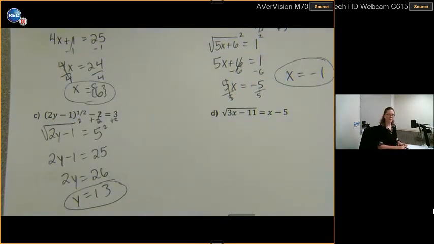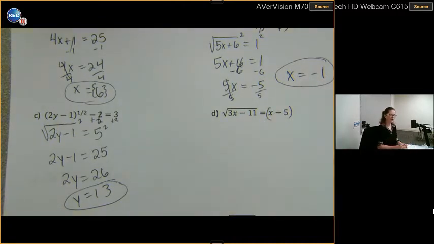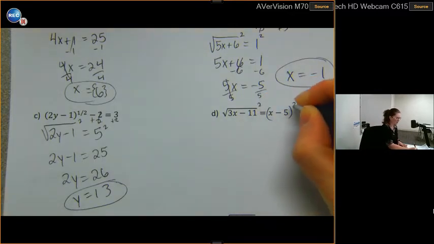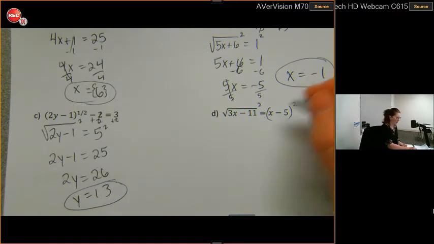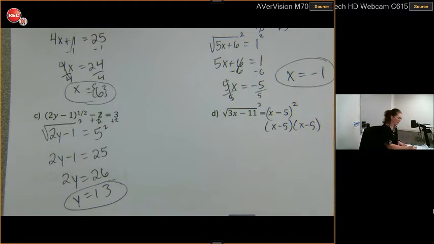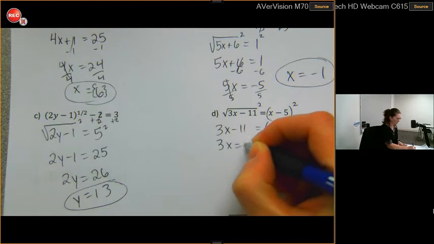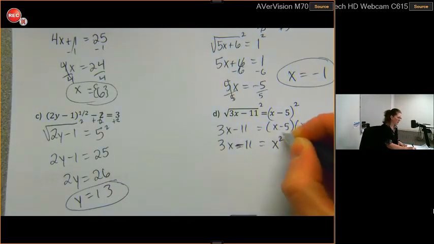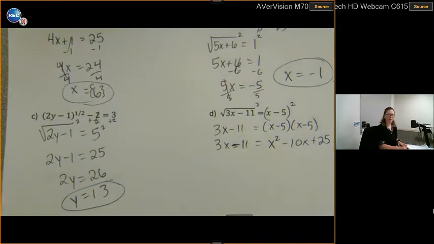Part D is a little different because now I have a variable over here on the right-hand side. I still start by squaring, but notice I put the parentheses around the expression x minus 5 because I'm going to have to multiply it times itself, which is going to involve foiling. When I FOIL this, I get x squared minus 10x plus 25.